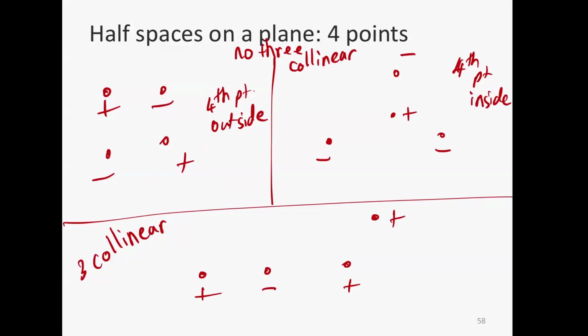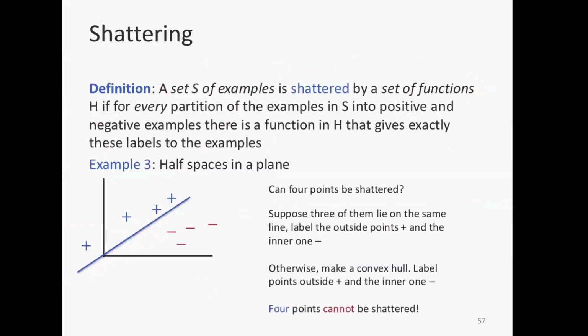No matter how these 4 points are spread out on a plane, you can always find a counterexample. So what did we just prove? You cannot shatter any 4 points using a half plane. So what we just proved is the set of half planes cannot shatter 4 points.